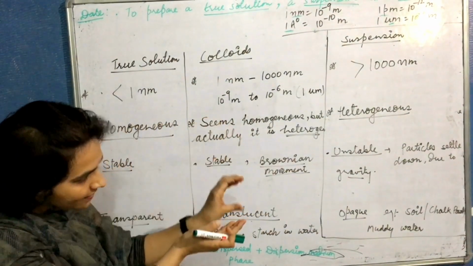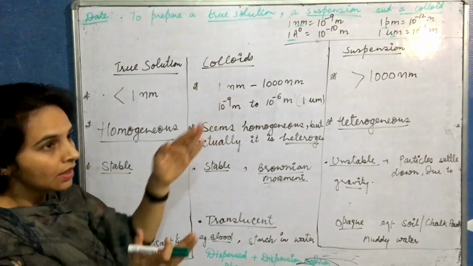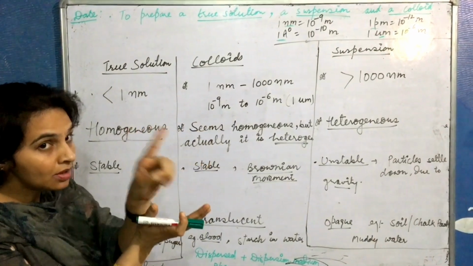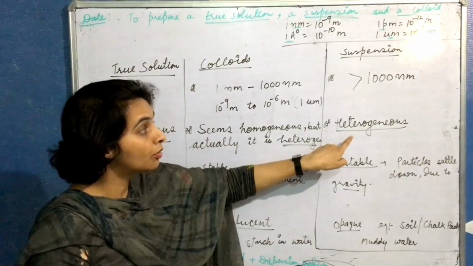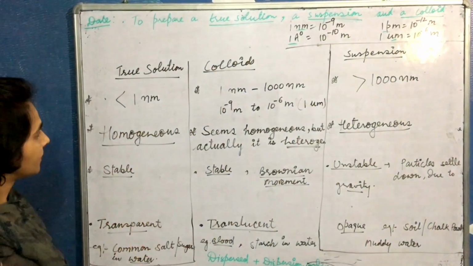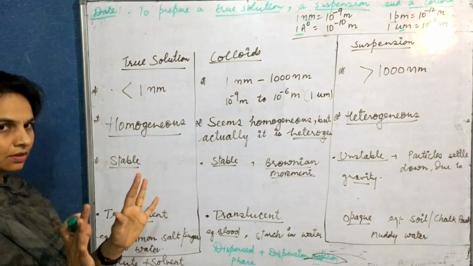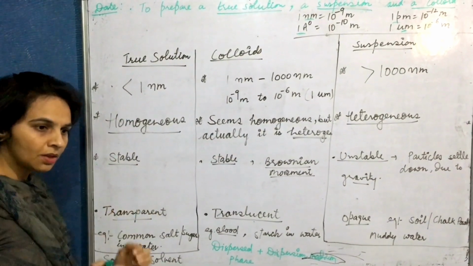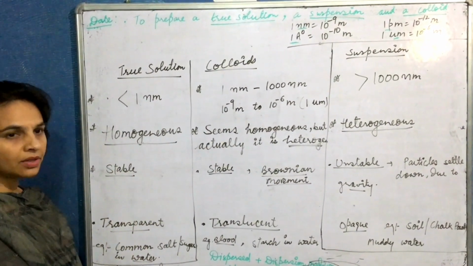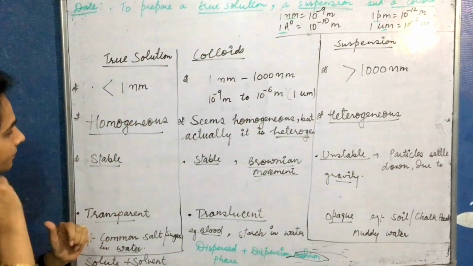And if heavy particles settle down and the solvent comes on top, then the phase will not be the same. That is heterogeneous. That's why suspensions are heterogeneous. While true solutions are homogeneous, they are very stable. Whether you allow it for 1 minute, 2 minutes, an hour or forever, it will be stable. There will be no separation between the phases.